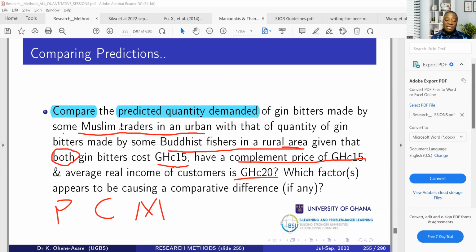In this very example, please note that it's not all the time that the numerical variables are the same for all of them. It could have been that the price would have been 20 for the Muslim traders in an urban town, and the price could have been 58 for the Buddhist fishers in a rural area. It could have been different. But in this very example, they are all having the same price, the same complement price, the same income. How do you deal with it? So the first thing is to generate your quantity demanded for the first scenario. Okay. So I want you to take note of the scenario and then go through.